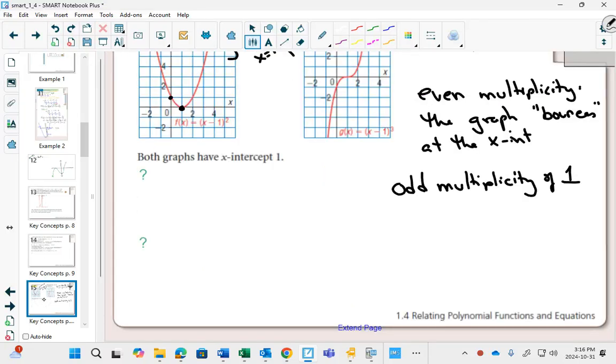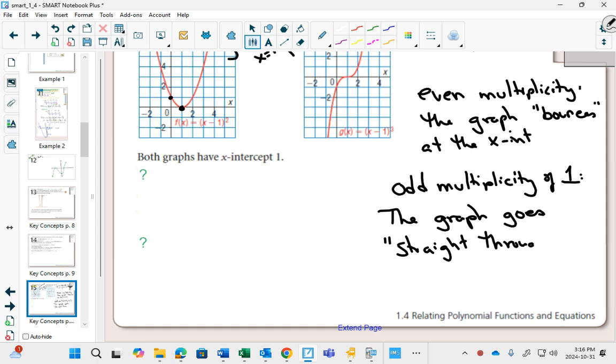So as a note, for odd multiplicity of 1, the graph goes straight through the x-intercept.